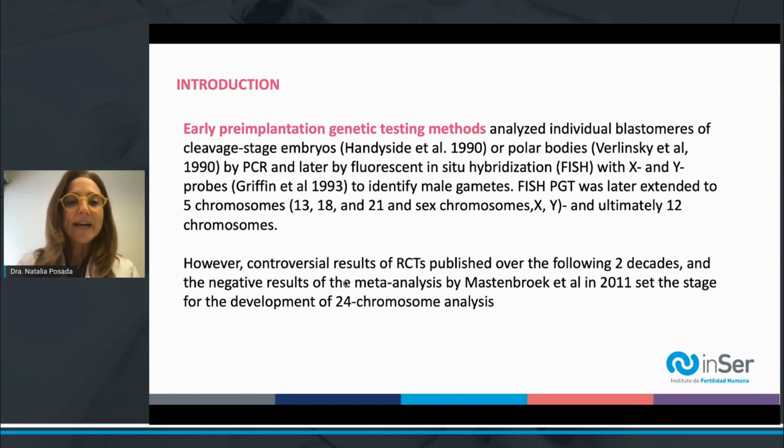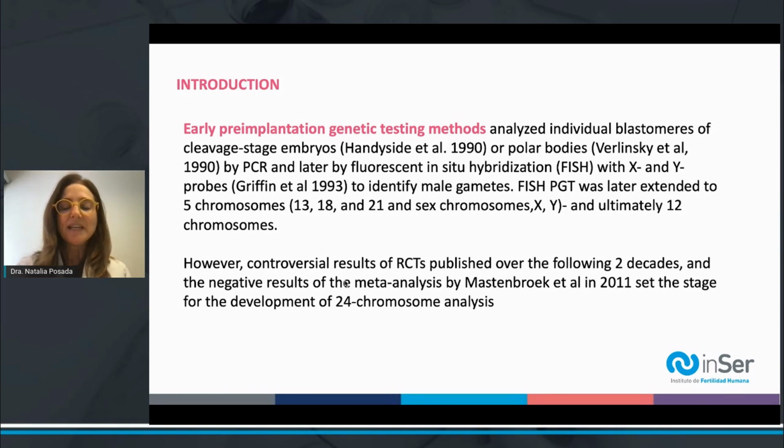So we've been trying to analyze human embryos since the 1990s, initially from cleavage stage embryos and also the polar bodies of either oocytes or fertilized oocytes, initially by genetic techniques such as PCR, and later by fluorescent in situ hybridization, or FISH, initially to analyze the X and Y chromosomes in cases where the mothers carried an X-linked disease.